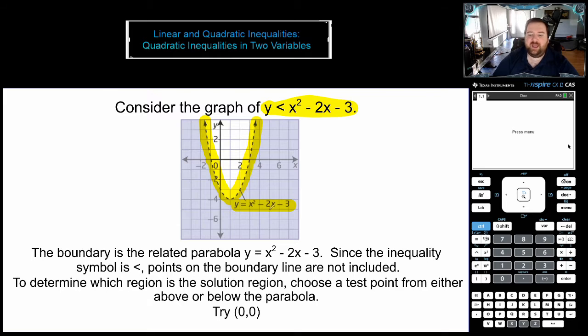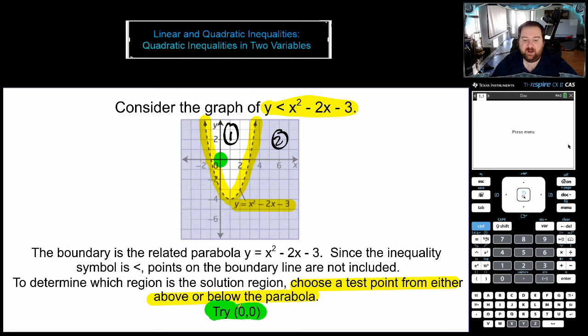And then what you might have to do from that point on is choose a test point from either above or below the parabola, or I like to think of it as inside or outside. In this case, a good spot to pick is right here, (0, 0).